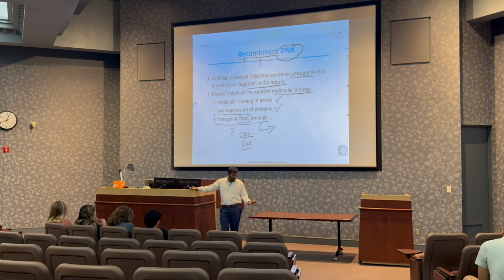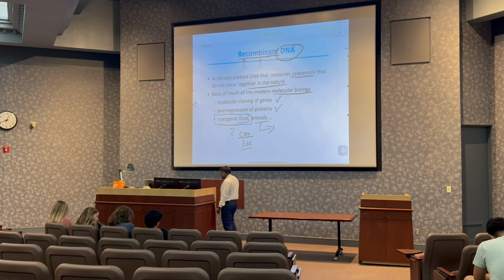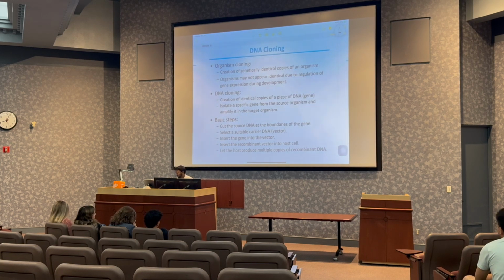This is a rat, but all the genes it expresses are human genes, so we can do experiments treating the rat as a human being. Here the rat identifies as a human being, and we can do all the experiments based on that. So transgenic animals and food are there.